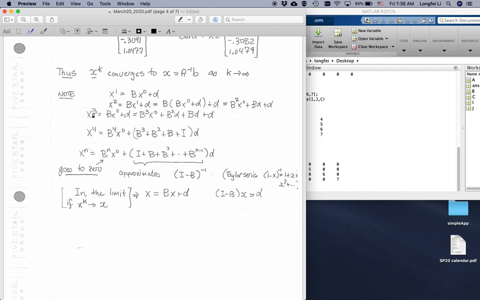And for the third iteration, we can do this again, we know that x2 is this formula here, and plugging in that formula for x2 and expanding, we get this term.